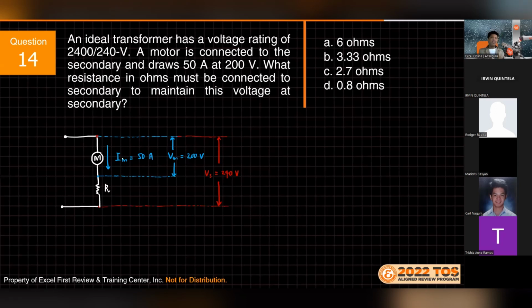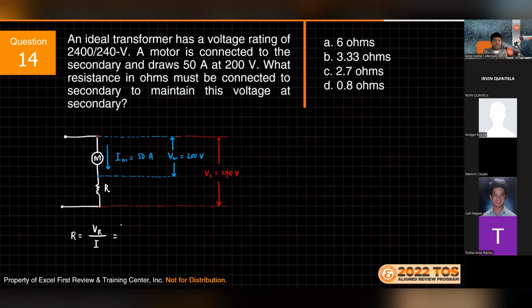Yan. Okay. Now, since they are in series, and yung pag-series, di ba, sharing the same current, no? Ganun yun eh, pagka-series. So, ang gagawin natin is this. Yung ating resistance, kunin natin ang voltage across that over the current that's flowing through it.